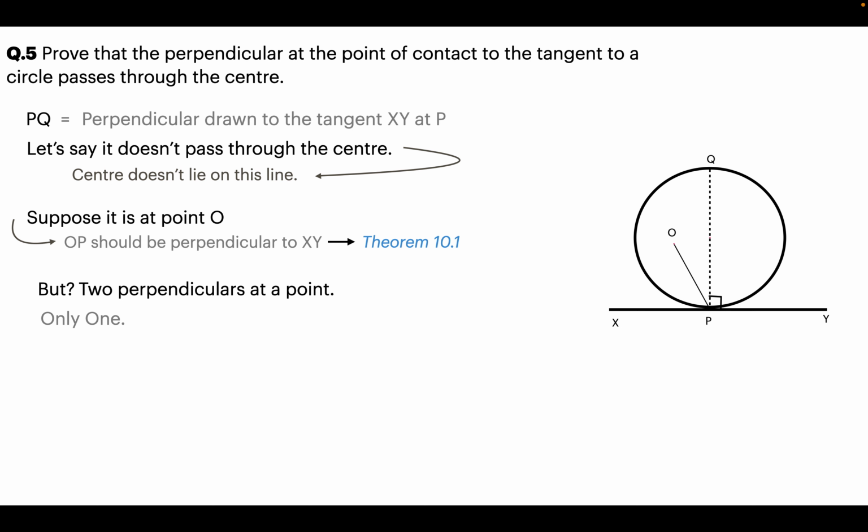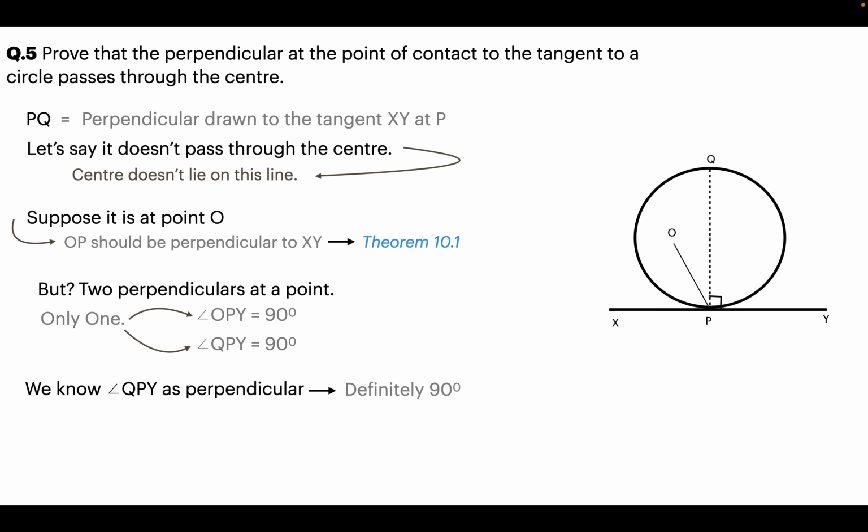So we can have only one 90-degree angle here. Either it could be angle OPY or angle QPY. But we are given, or we have drawn angle QPY to be 90. So definitely angle QPY is going to be 90 degrees.